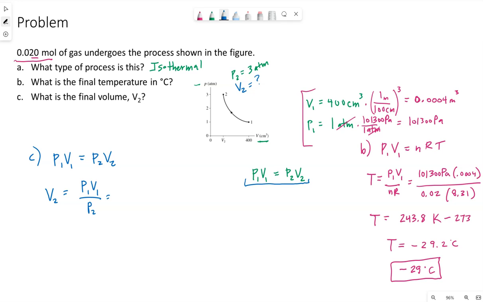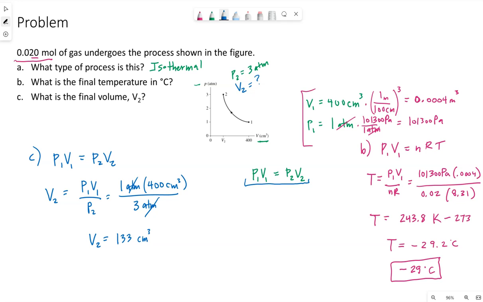Okay, so P1, 1 atm, V1, 400 cubic centimeters, or 0.0004 meters cubed. P2, 3 atm. So we get 133.333 and so forth.